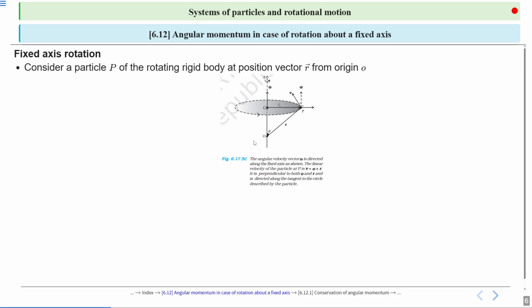Similarly, in figure 6.17, we have a rigid body like this. Here we consider a particle P rotating like this in a circular path, at a position with position vector r from the origin O.